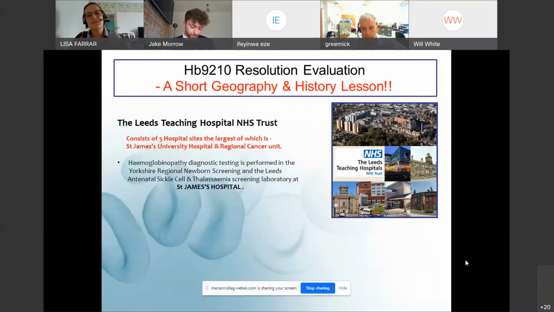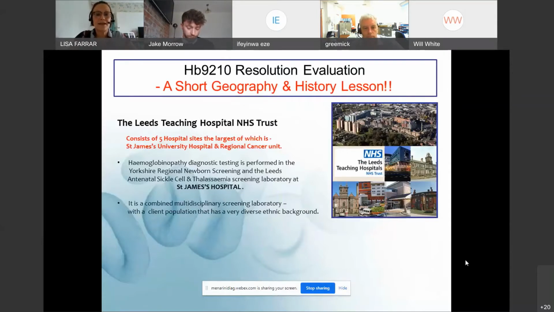The Leeds Teaching Hospitals NHS Trust consists of 5 hospital sites, the largest of which is St James's University Hospital and Regional Cancer Unit. Hemoglobinopathy diagnostic testing is performed in the Yorkshire Regional Newborn Screening and the Leeds Antenatal Sickle and Thalassemia Screening Laboratory at St James's. It's a combined multidisciplinary screening lab with a client population of very diverse ethnic background.